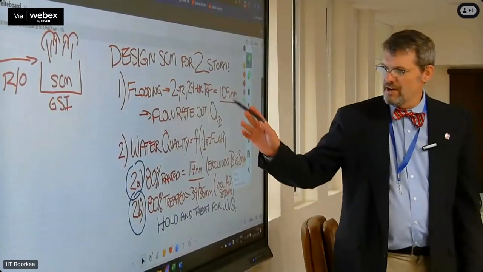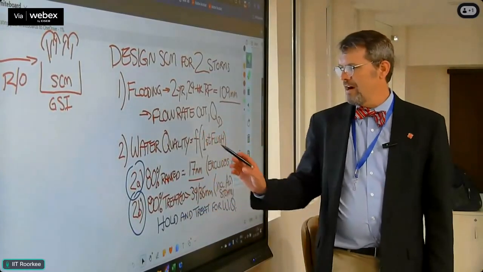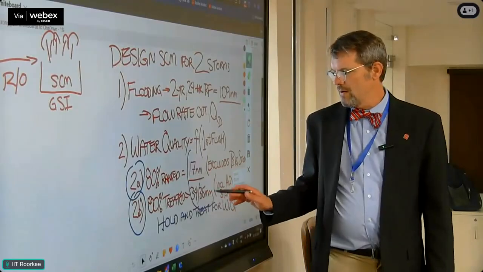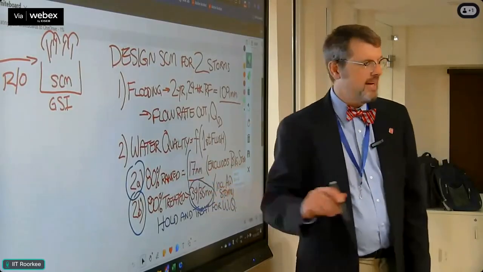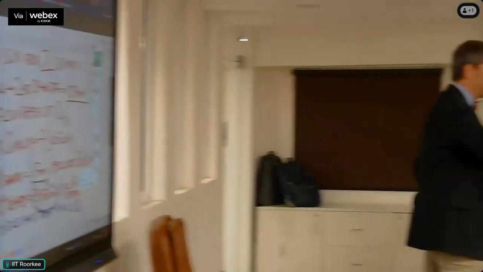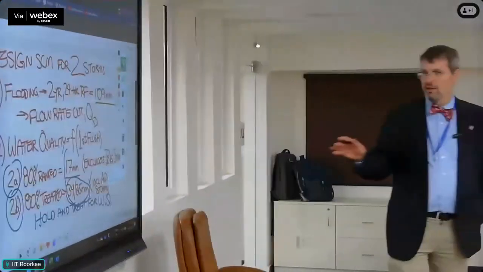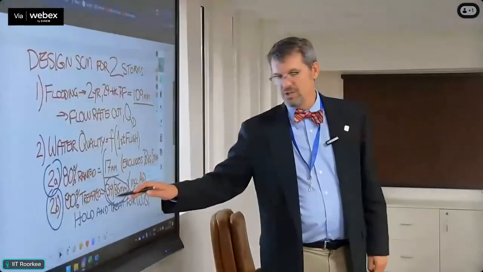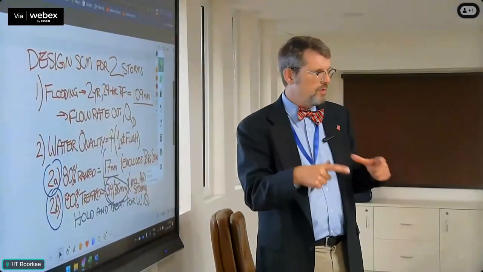The reason I put so much effort into figuring out what these values are, especially this one, is because it shows up in every single SCM sizing calculation that is based on capture volume. So for ponds, wetlands, bioretention cells, permeable pavement, we care about how much water we're trying to hold and detain.